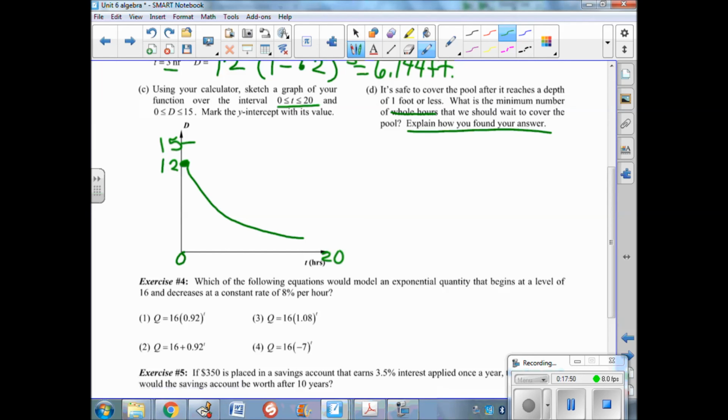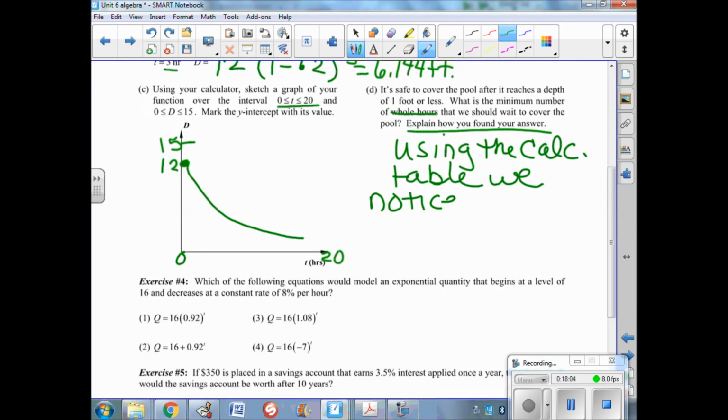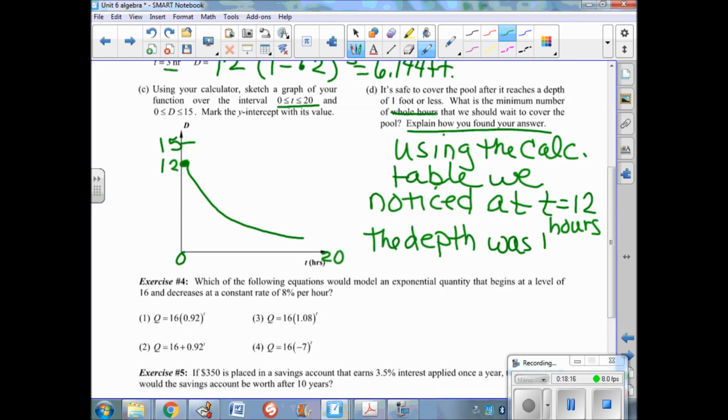So you could say, using the calculator table, we noticed at t equals 12 hours, the depth was below 1 foot, or just below 1 foot.